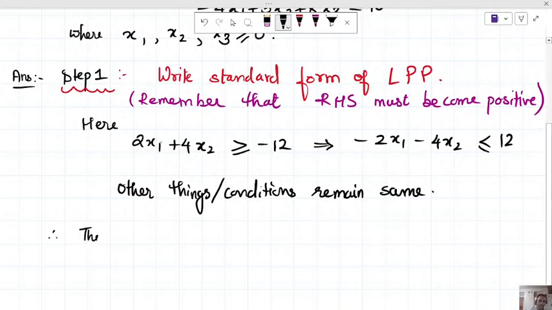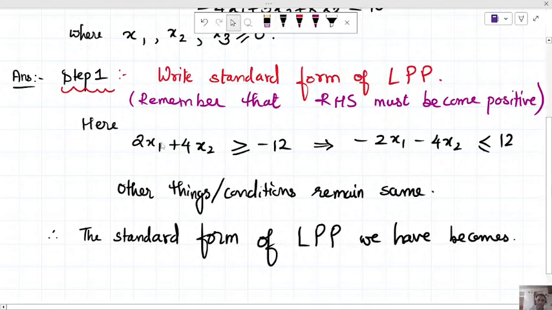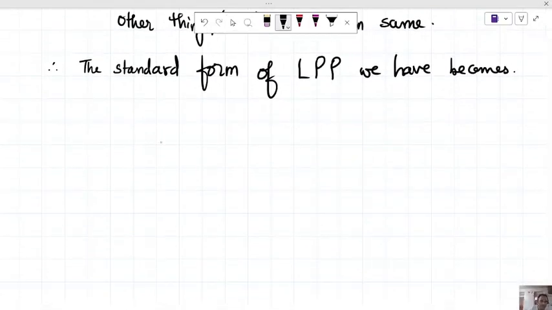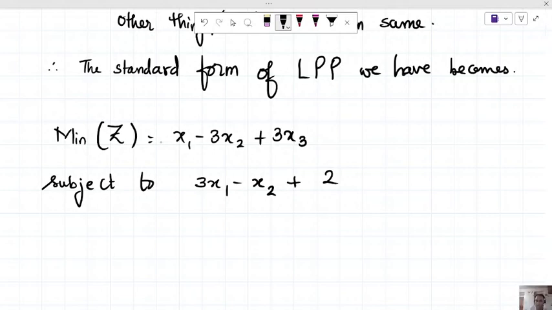Therefore the standard form of LPP we have becomes: minimize z, which is equal to x1 minus 3x2 plus 3x3, subject to, now the first condition is 3x1 minus x2 plus 2x3.